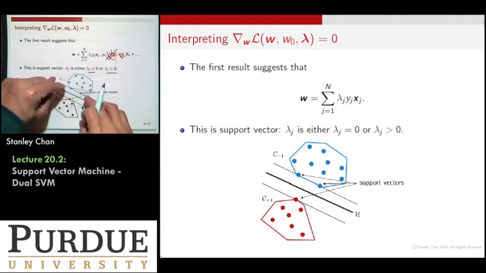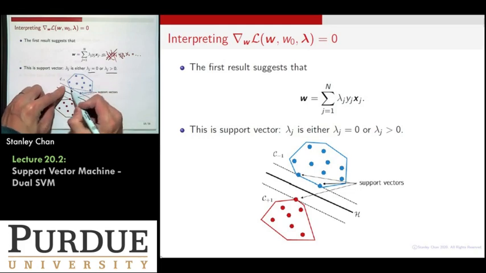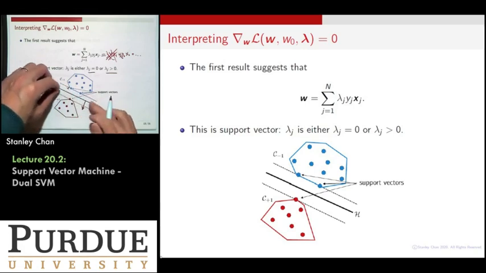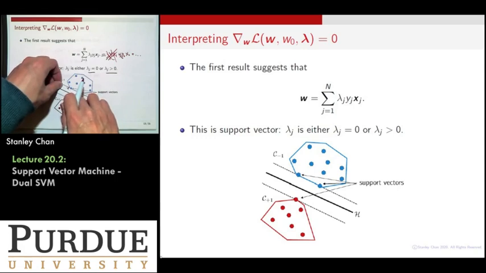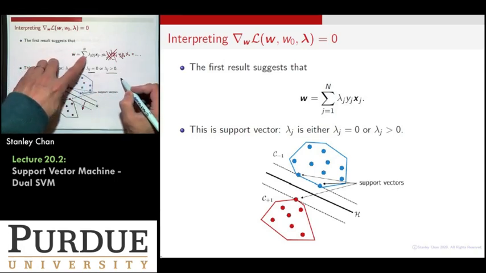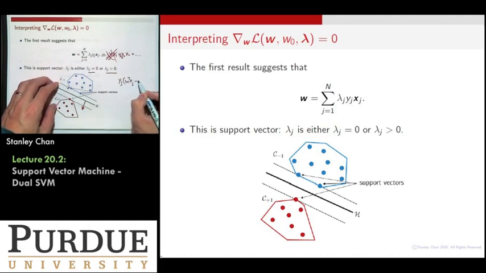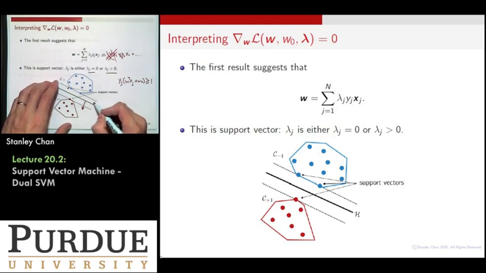If you go to the picture here, I have a group of data points. This data point is hitting my margin, and therefore I'm going to use it. Now remember that the constraint is that yj times (w transpose xj plus w0) is bigger than or equal to 1, right? So this margin defines the distance of 1.